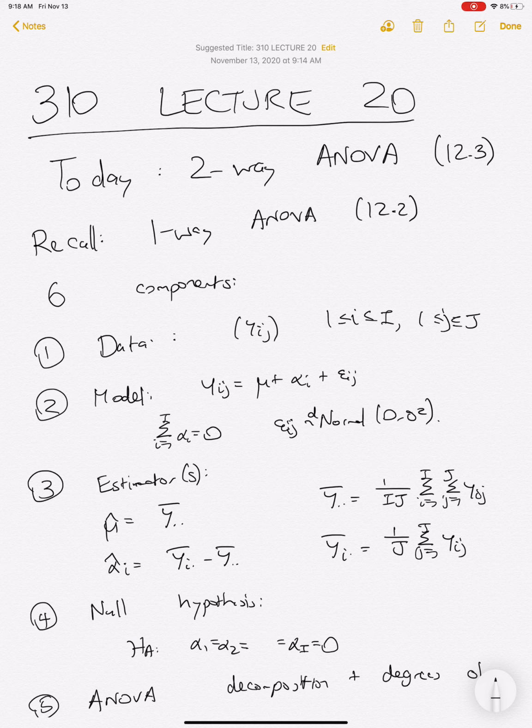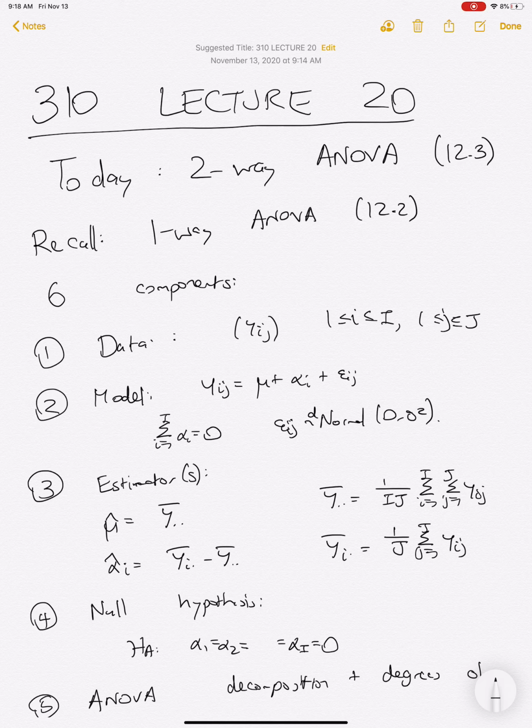Alpha i is the effect of each group. And then we have noise. We have the assumption that the alpha i's must sum to 0, because you have the overall mean mu, so the group effect, when you add it all up, has to be 0. And the epsilon ij's we always assume to be normal with the same variance.